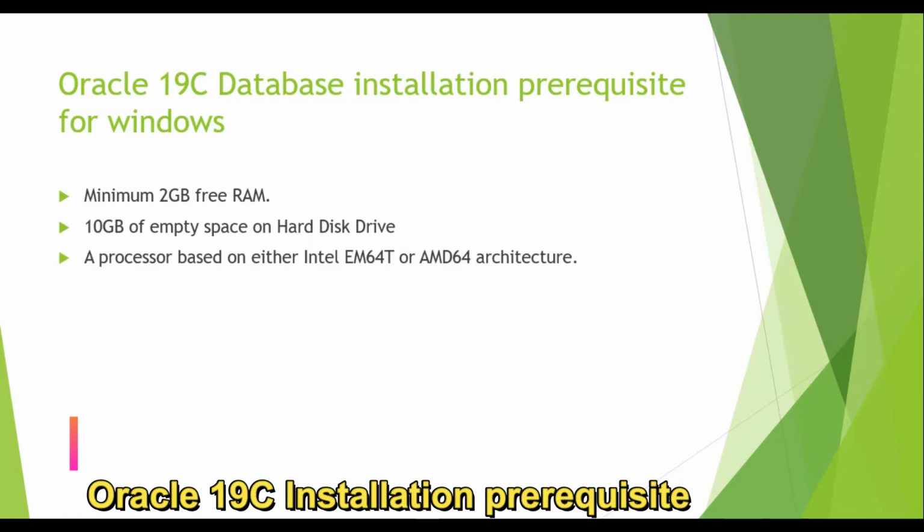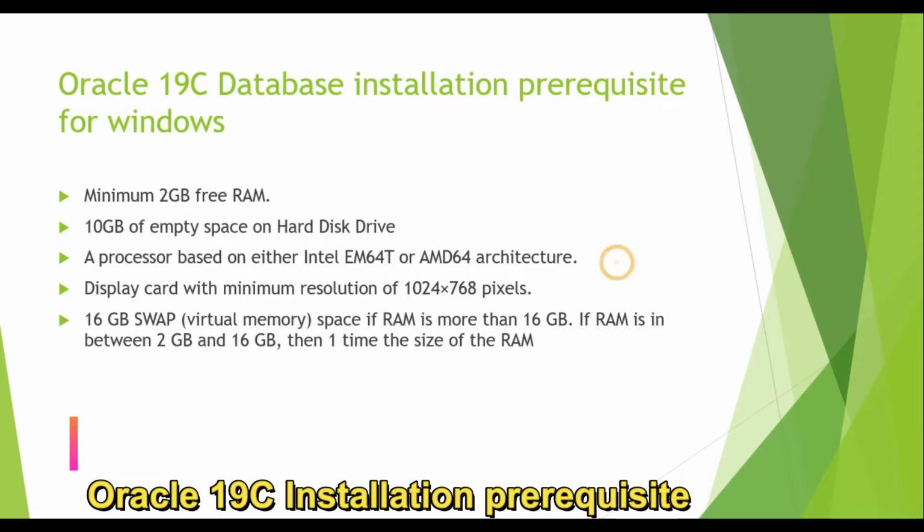You also need a processor based on either Intel EM64T or AMD 64 architecture. Nowadays most computers and laptops support this kind of architecture. Next is a display card with a minimum resolution of 1024 by 768 pixels, so at least HD resolution is needed.